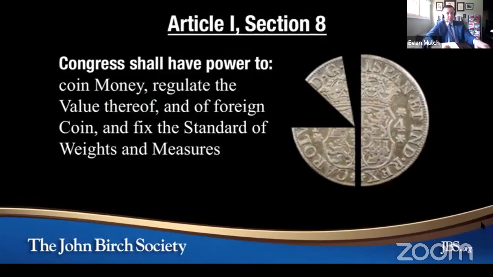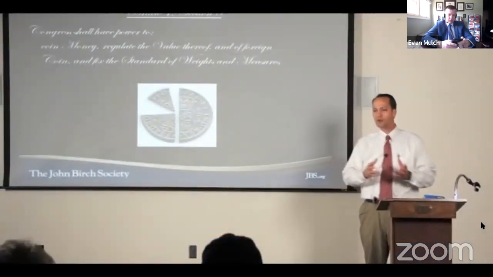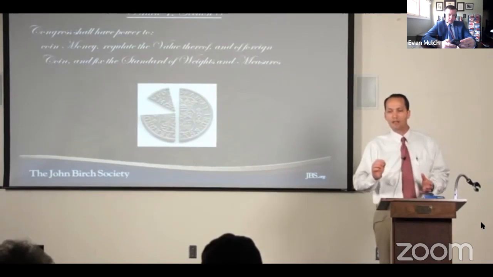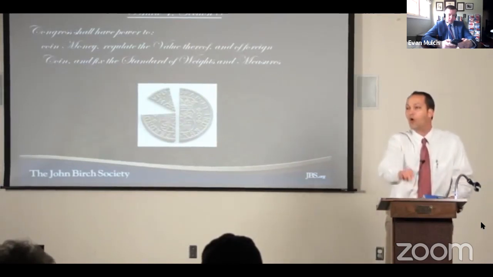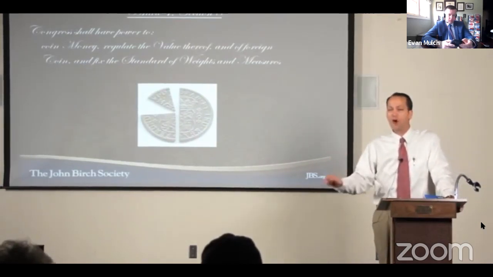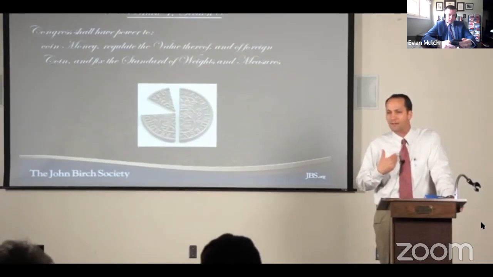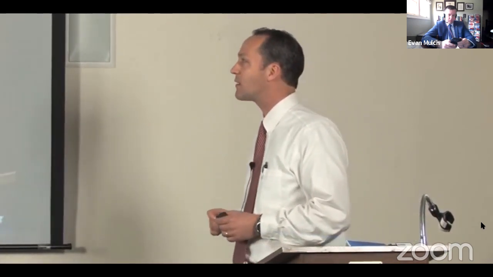If any of the workers in the US Mint were caught skimping on the amount of silver put into a coin or the amount of gold put into a coin, they said that the penalty for being caught doing that, or the penalty for making fraudulent coins, if I'm a counterfeiter, for example, the penalty for both of those crimes would be death. So they took this pretty seriously. The protection of the value of our money they took very seriously, and we'll demonstrate why in a moment.